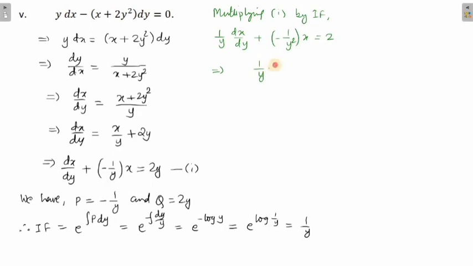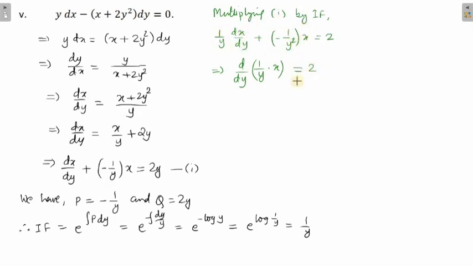Just multiply with x and let's differentiate this with respect to y. Earlier we used to differentiate with respect to x, but this time since you have changed the role of x and y, you have to write dy out here.